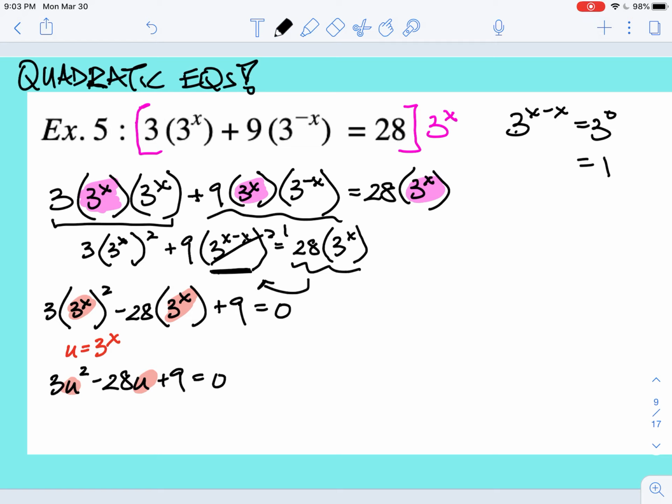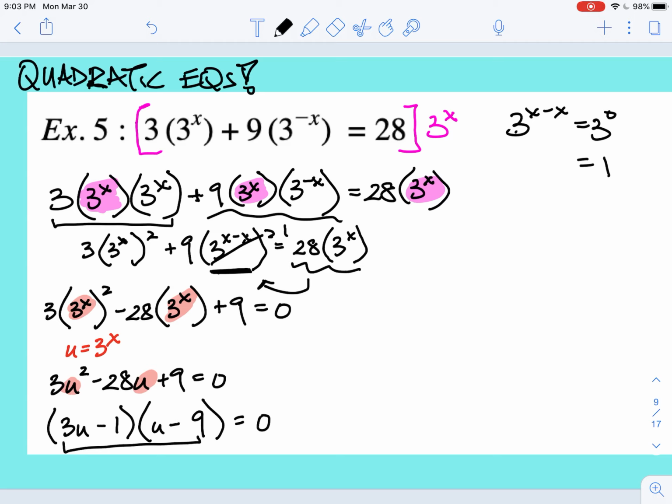Alright, now, as promised, we're going to go back to those quadratic equations. So I have a quadratic equation here, and I'm going to go ahead and see if it's factorable. So 3u and u is how I'm going to get 3u squared. And if I put a 9 here, that's going to give me 27. And if I put a 1 here, that's going to give me 1.